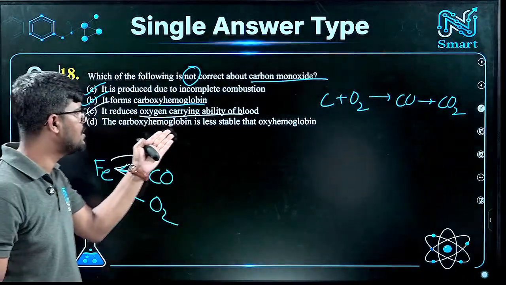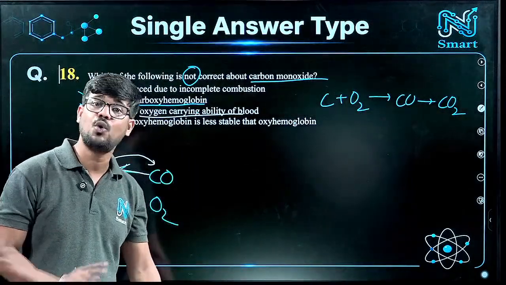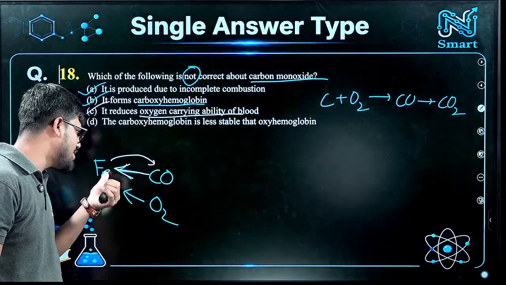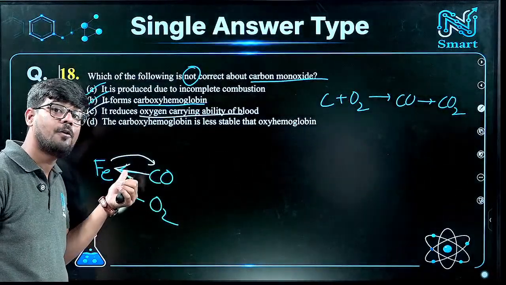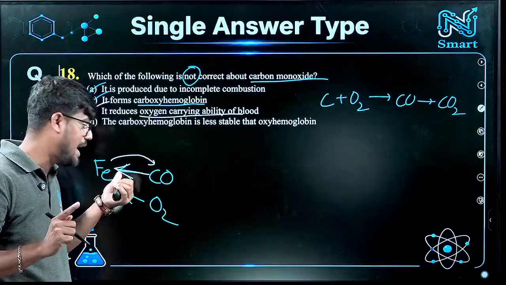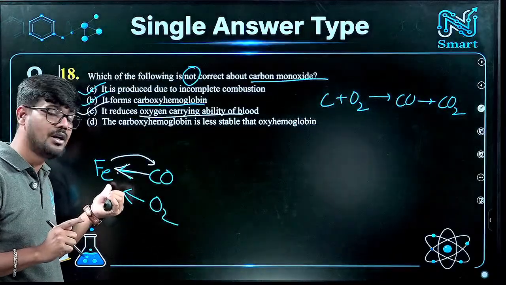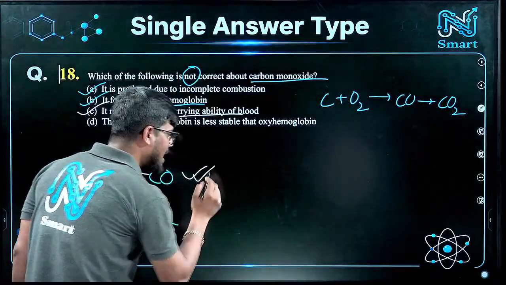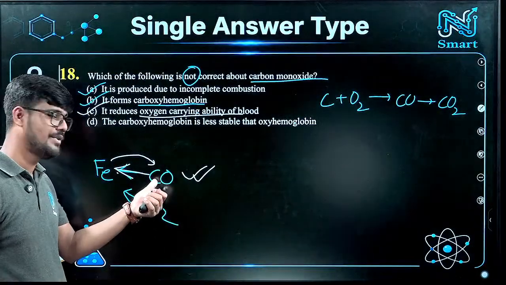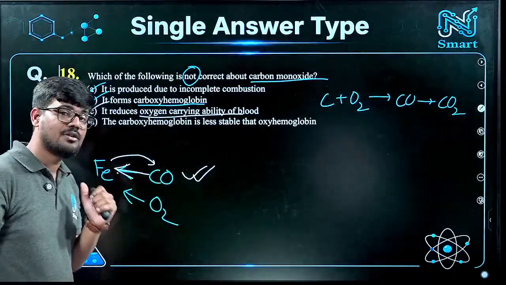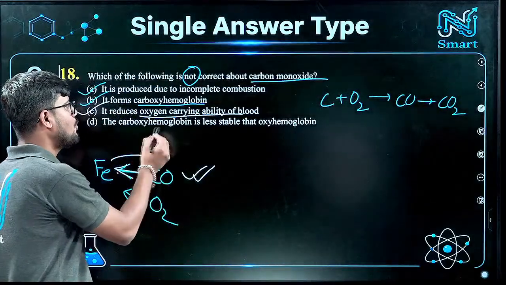Last one, carboxyhemoglobin is less stable than oxyhemoglobin. No. As I mentioned, hemoglobin means iron is there. Carbon monoxide can form a stronger bond with iron as compared to oxygen with iron. So this is highly stable. That's why this CO molecule will not be released easily. Correct? And so this is a wrong statement.